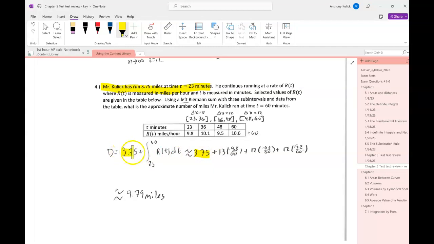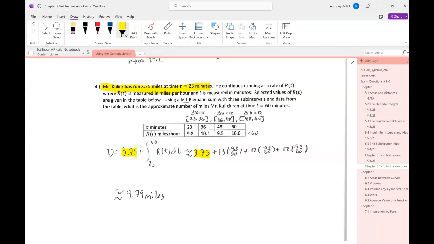So that's why there's the 375, right? I guess I didn't read the question very well when I started doing it. I think that's for all of them. Because it just flat out tells you that's how far you went in the first 23 minutes, and from there, all you're given are rates.